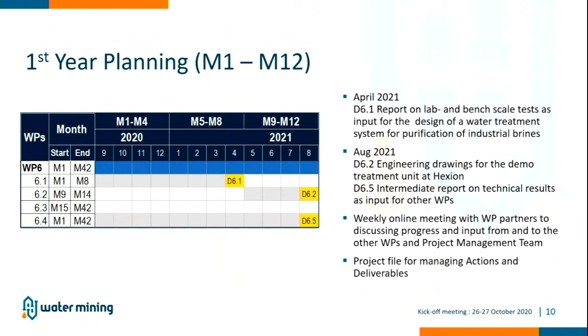I think so far we have had already 4 or 5 of the meetings with the different work package partners present. So that's going really well. And we're using also a project file similar to what Dimitris was showing in his presentation, I think for work package 2 and 3, to manage our actions and deliverables.